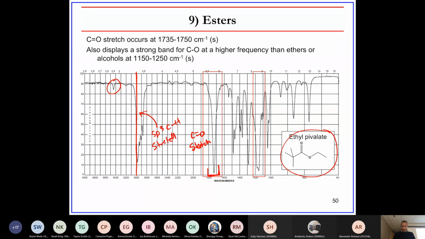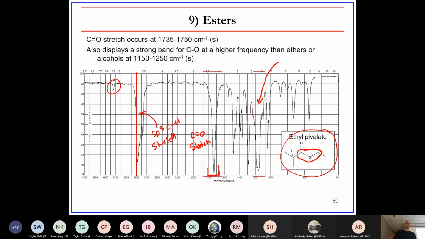The other thing, if you look at the molecule of an ester, it has a carbon-oxygen-carbon part. It looks kind of like an ether with a carbonyl group. And ethers, remember, had a big strong peak in the fingerprint region. Esters do too. So you can see this peak right there is a carbon-oxygen-carbon.